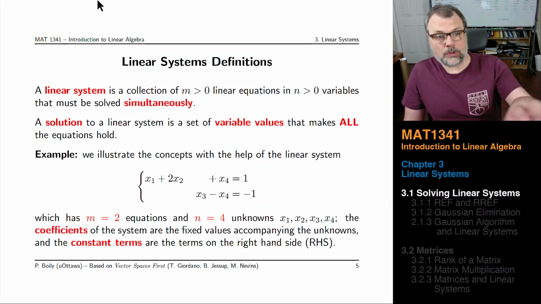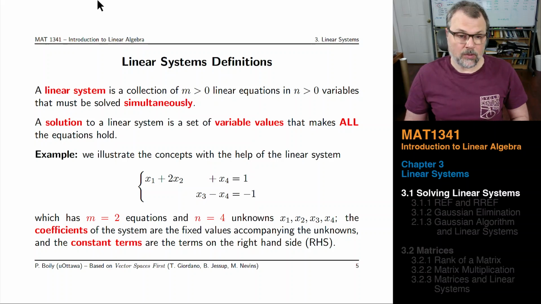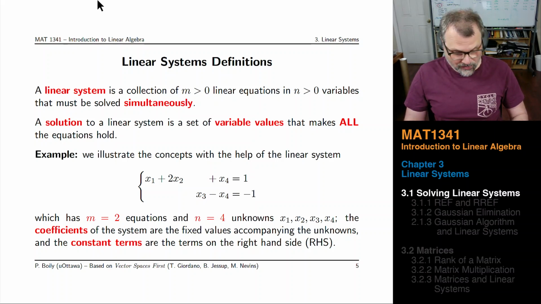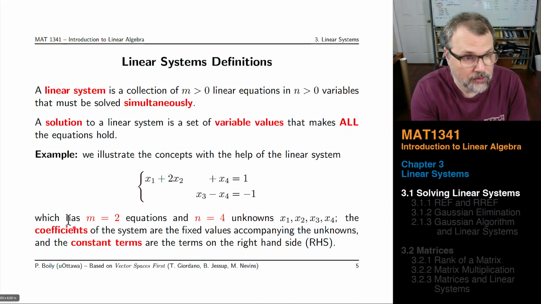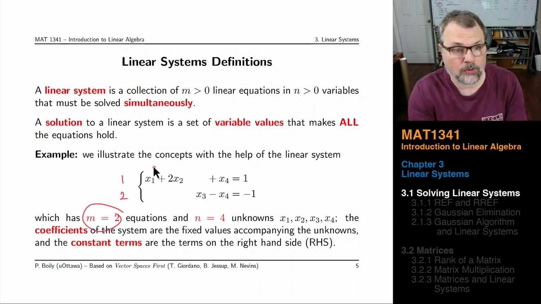So we're going to help define some of these concepts with a very simple system. We have a system of two equations, two rows, in four unknowns, x1, x2, x3, and x4.